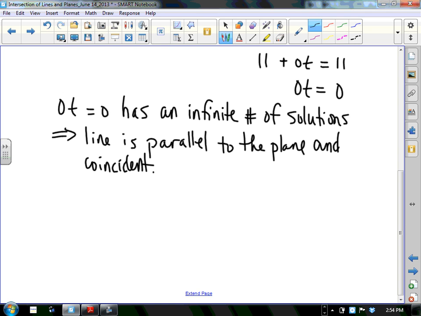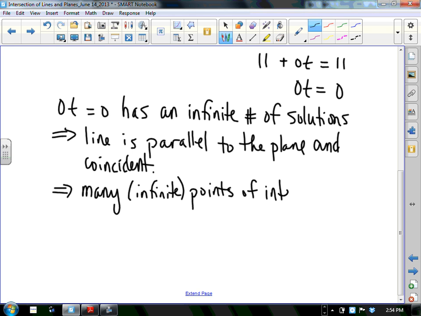What that implies is that there are many points of intersection, an infinite number of points of intersection. There are many solutions.